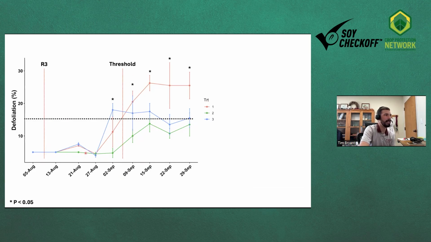But you can see in the untreated control that percent defoliation just kept going up through the season until it kind of leveled off here in mid-September. And then in the threshold treatment, we got up above our threshold and we made our application, and then it leveled off and decreased or stayed about the same through the end of the growing season.